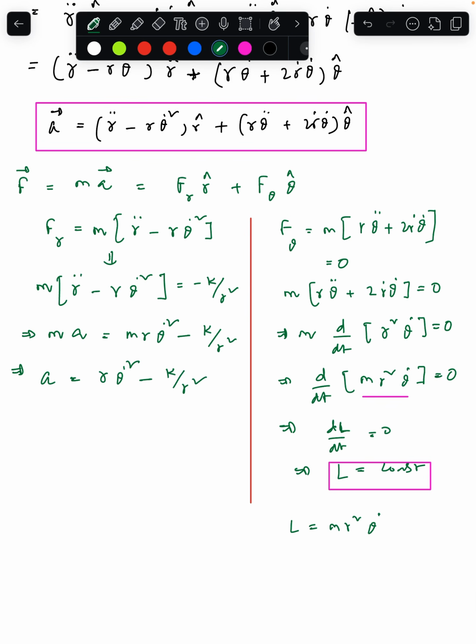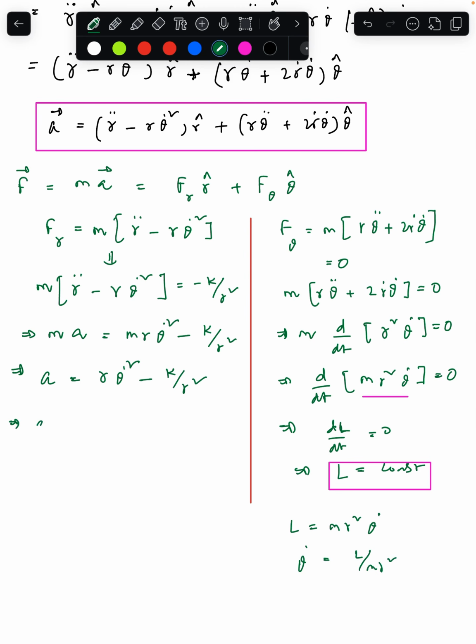So far so good, correct. Now here I need to rearrange the term a little bit. What kind of rearrangement will I do? I will put the value over here. The value that we want is, what is the value of theta dot over here? Theta dot is equal to L by m r square. Let us substitute.